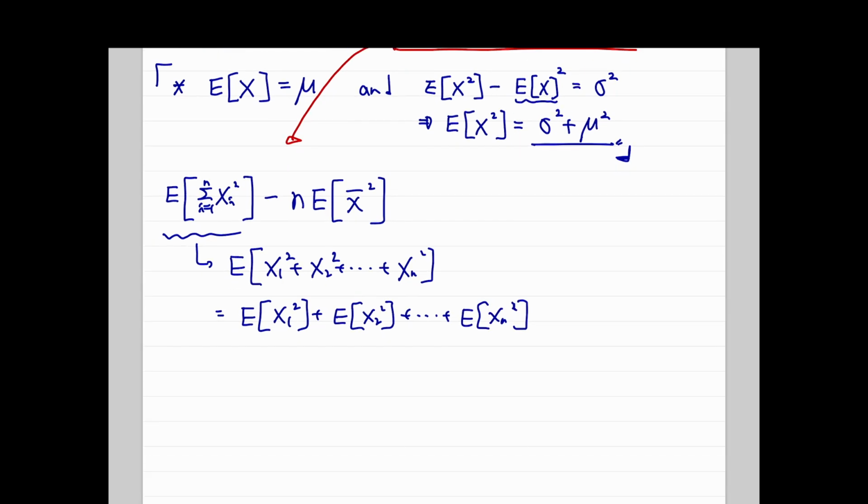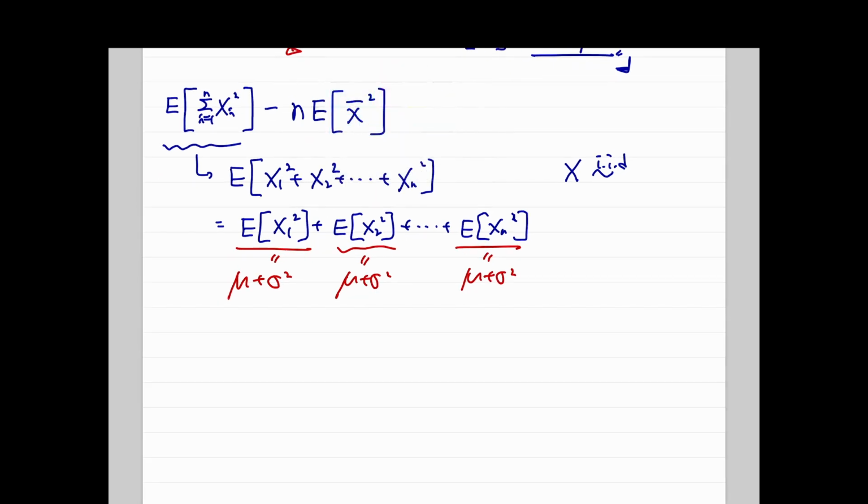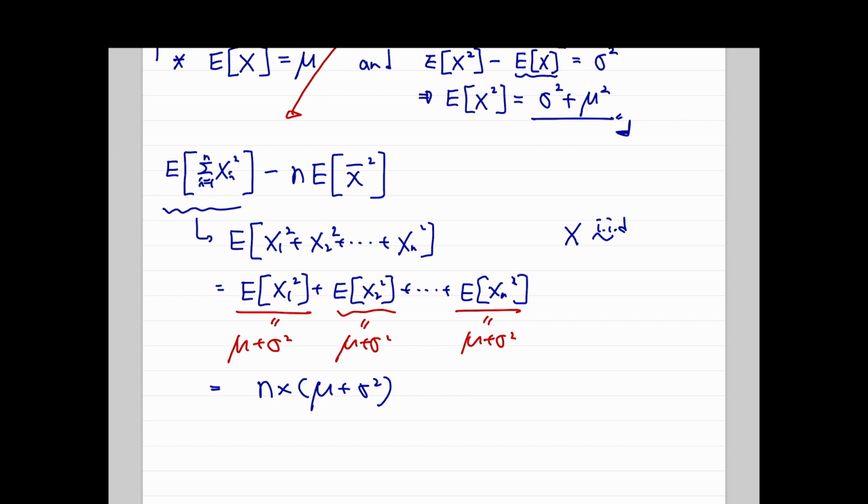We assume that the x's are i.i.d., so each means mu square plus sigma square. So it equals n multiply mu square plus sigma square. And the second term, you know, has n.